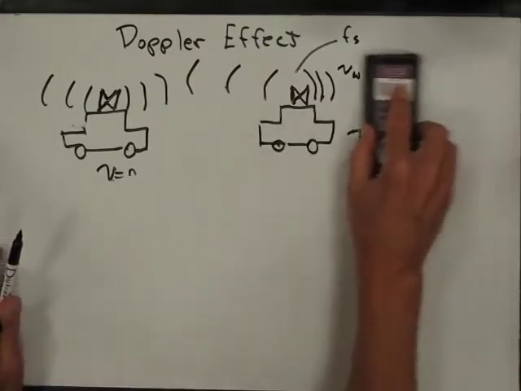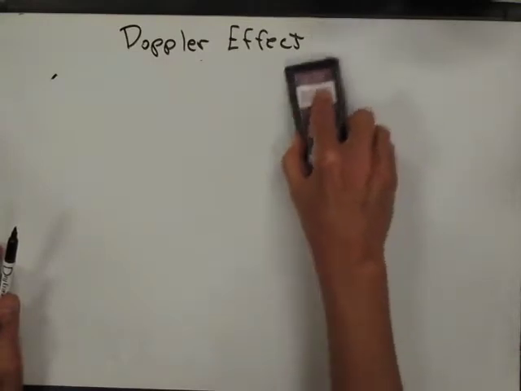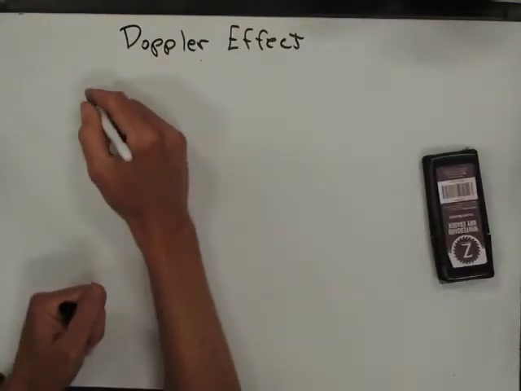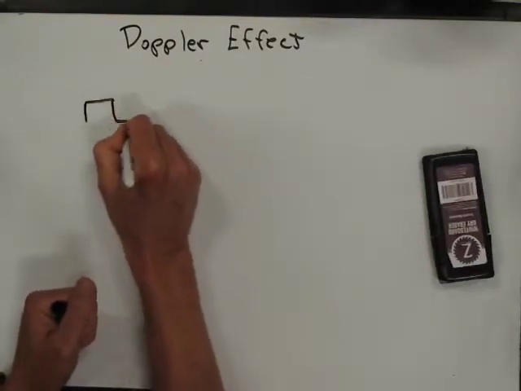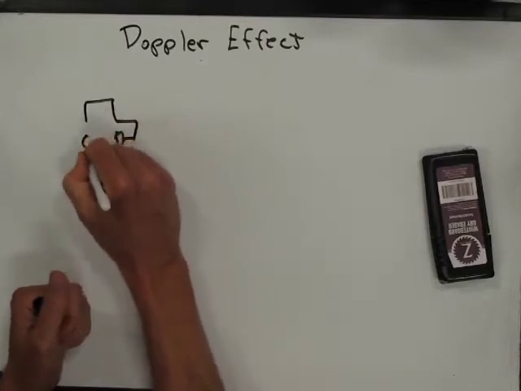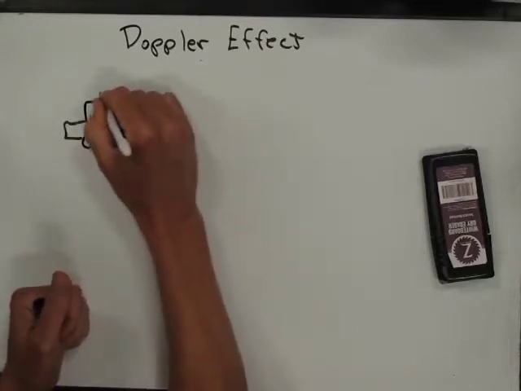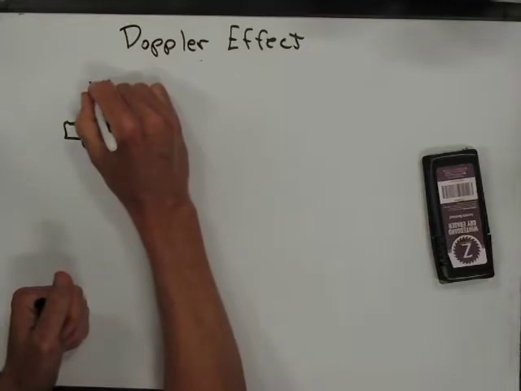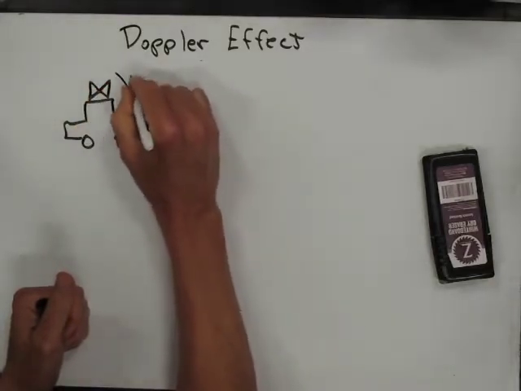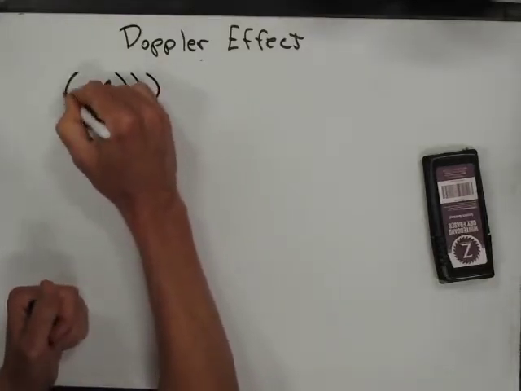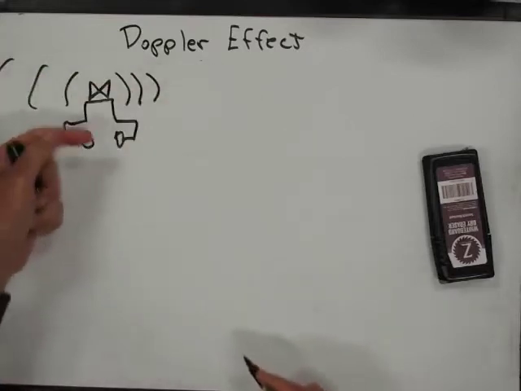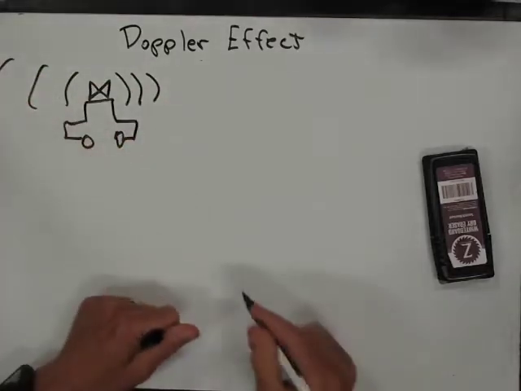And so I'm going to start with, let's just consider the moving source. So here's my car, right? And here's my speakers. I don't know how to draw speakers, so those are my speakers. And they're bunched up in the front, and they're spread out in the back, because I'm running away from these guys and I'm running towards these guys.